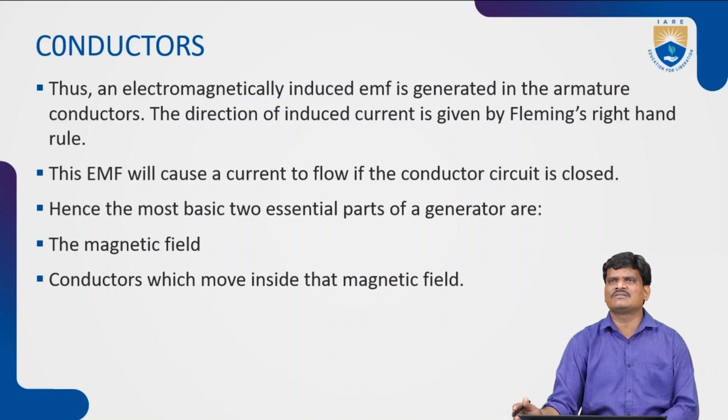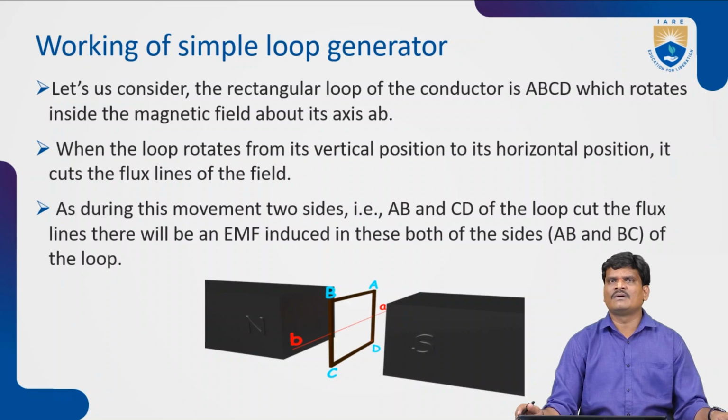So what is the need of Fleming's right hand rule? It lets us know the direction of induced EMF in the case of a DC generator. Now this is the simple loop, which gives an idea about the working of a simple loop generator, and we will discuss this in the next class.